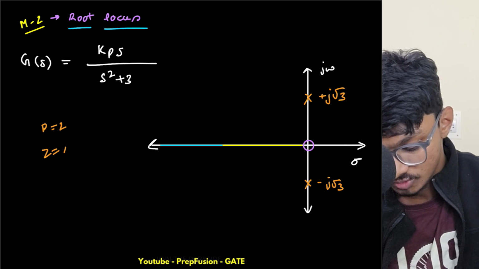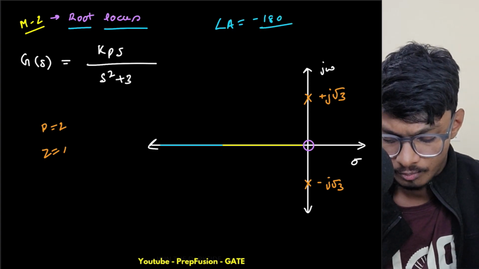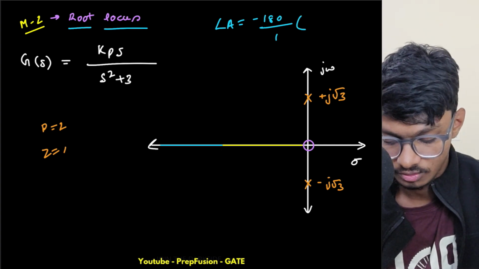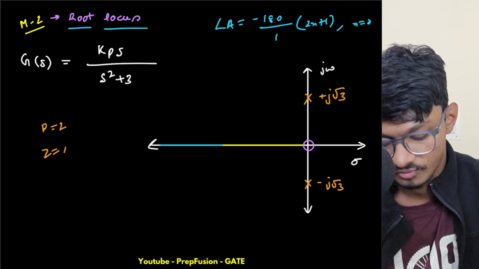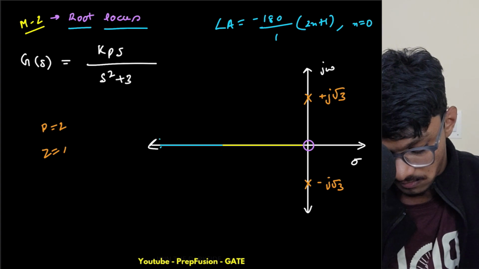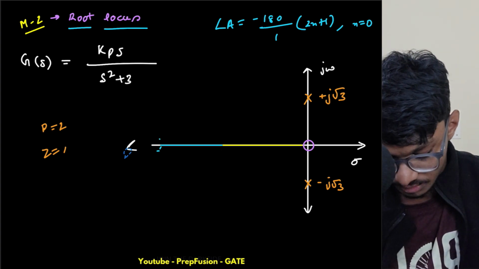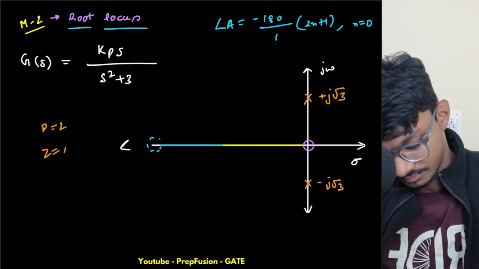So what is the angle of asymptote in this case? The angle of asymptote will be minus 180 (2n plus 1) divided by (2 minus 1), where n equals 0 only. So if I put n equals 0, it will be minus 180. Obviously my asymptote will lie on the negative real axis, at infinity.